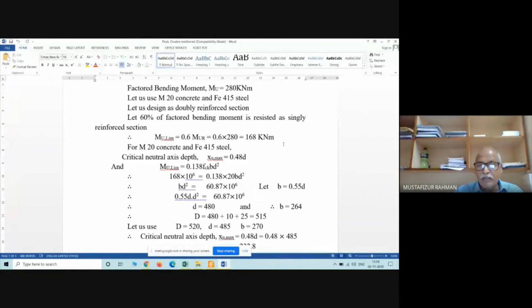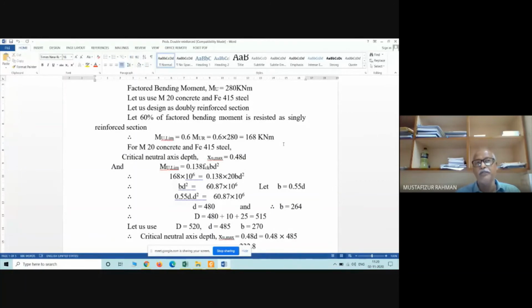Now these two: MUR is equal to M1 plus M2. This M1 is the moment of resistance as single reinforced, and M2 is the moment of resistance with respect to compression steel.